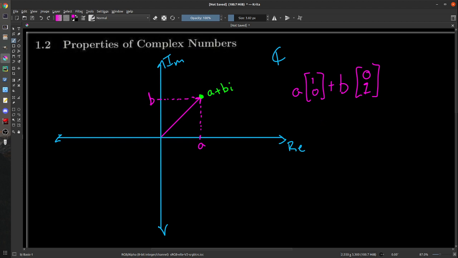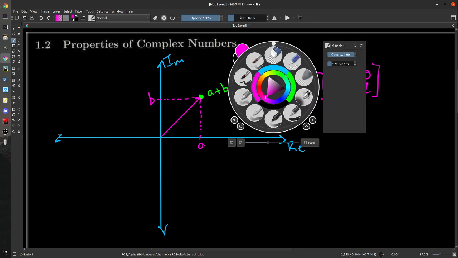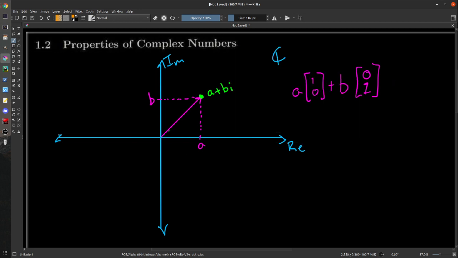That is, we can write C in terms of A plus BI, but we can also write it in other ways. Here's one good way that will make things particularly convenient for us, and we're going to really get some mileage out of this. So let's get a slightly different color right here. Namely, this guy here has a certain length to it, right?